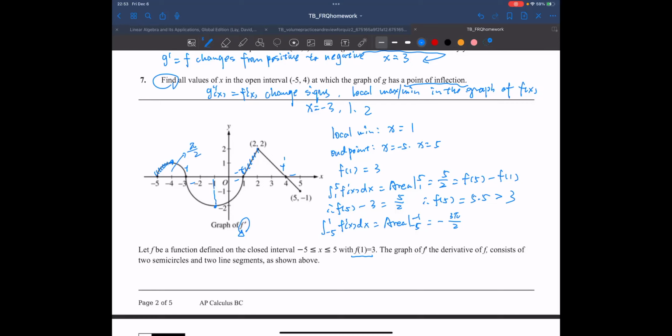I don't need this kind of vertical line. It's 2π. Okay, it's f of 1 minus f of -5. So f of -5 equals 3 plus 3π/2. So it's still larger than 3. You want the absolute minimum, so the answer is f of 1.